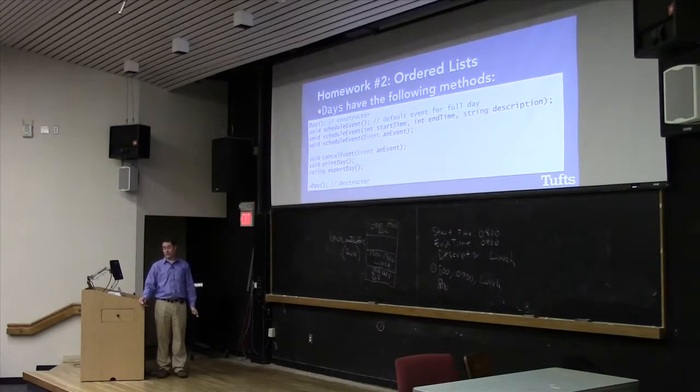We've just overloaded this method, which means that we allow it to have different parameters here. Okay, so you can call schedule event, which just makes an event for the whole day. You can call schedule event with the individual times and description, or you can call schedule event with another event. So what it does is it takes that other event and copies it into the day where it needs to be.